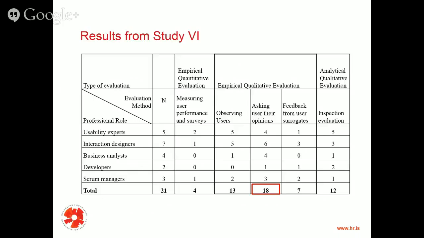And then we can see what they are doing. Are they observing users? Are they asking users about their opinion? Or are they gathering feedback not from the real users, but from surrogates? And then are they measuring user performance, meaning doing thorough usability tests or quantitative surveys and so on?